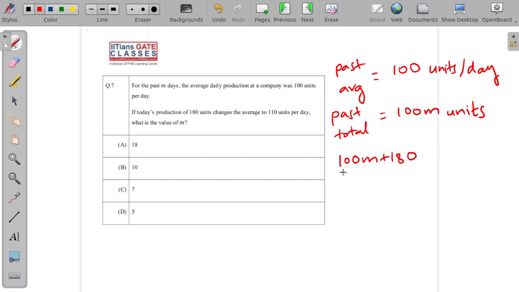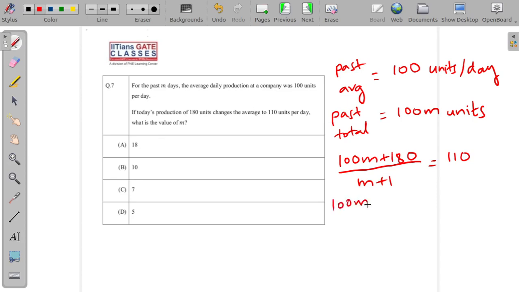So this is the total number of units, 100 M plus 180. Total number of days is M plus 1. And it gives the average as 110. So we just have to solve for M. What is the value of M?